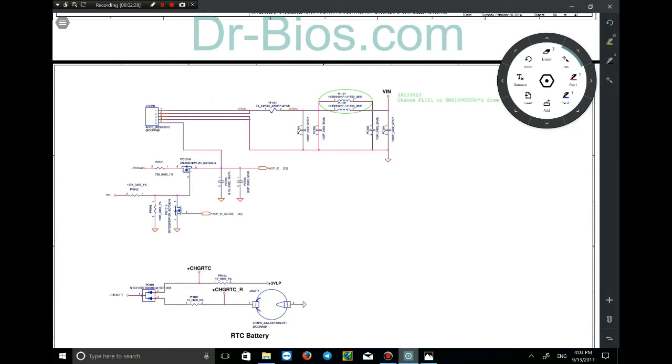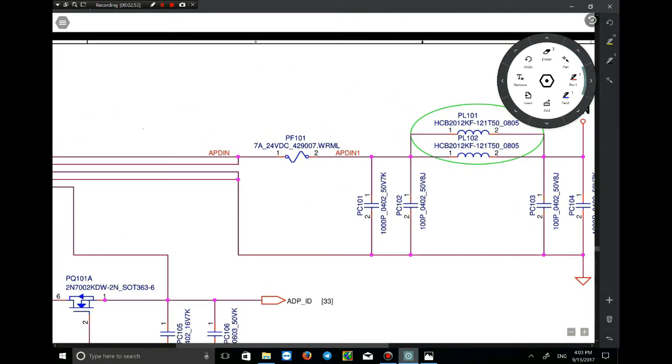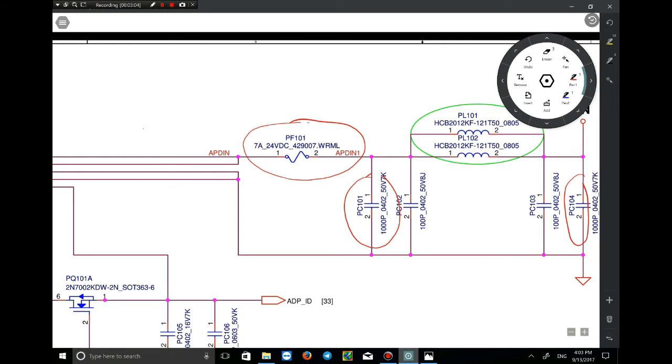So I told you about the letters, and I'll talk about the numbers now. On page 29 of the schematic, as you see, all of this block's components start with 100, 101, 102, and so on. For example, let me show you some components. PF 101, fuse 101. PC 101, capacitor 101, PC 104, capacitor 104.